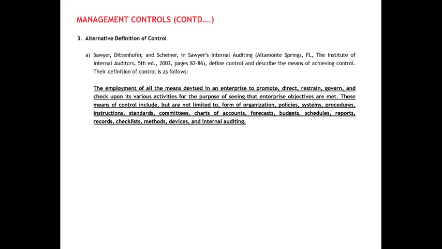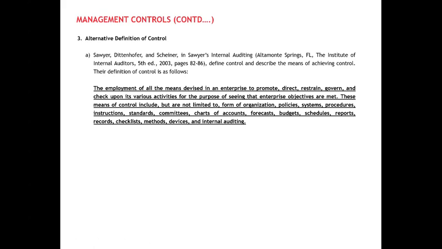So all these are kind of elements of control. An organization controls, directs, restrains, governs, and checks upon its various activities through these means.